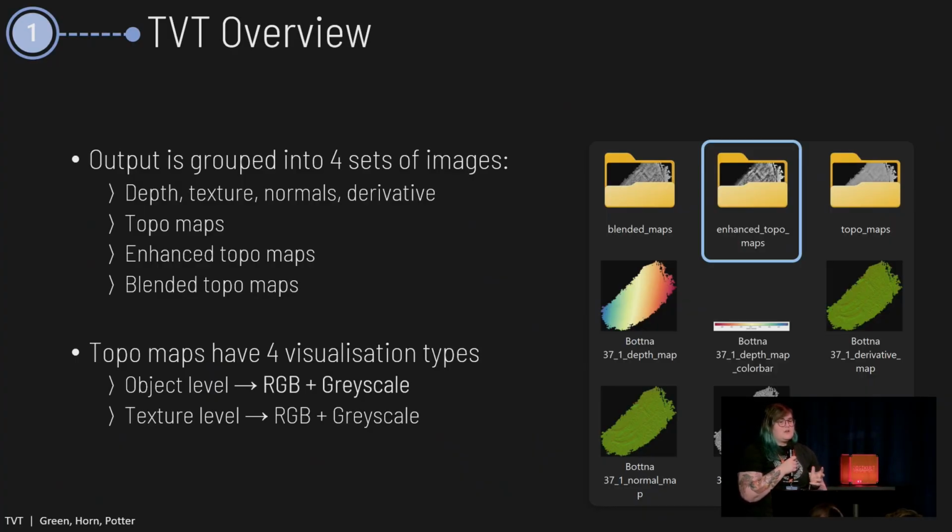Then we use the topo maps to create a localized enhanced visualization for the enhanced topo maps. And then we have the blended maps, which are sort of an in-between between the topo map and the enhanced topo map. Depending on the depth of your features, the size of your model, and whether it's a laser scan or SFM data, you might want to choose a few of these different visualizations.